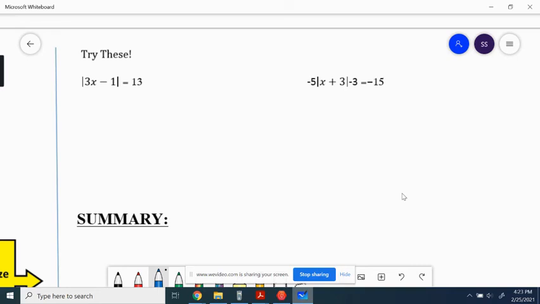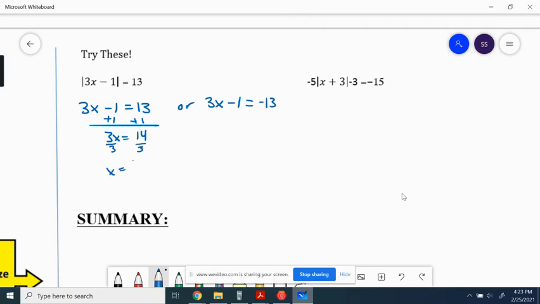So step 1 is done for us. We have nothing outside the absolute value bars, so we can just set up two equations. First one, simply remove the bars. Second one, set it up same, just equal to its opposite, and we solve. Add 1 on both sides. 3x is equal to 14.